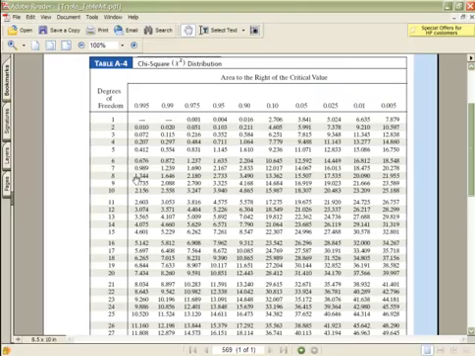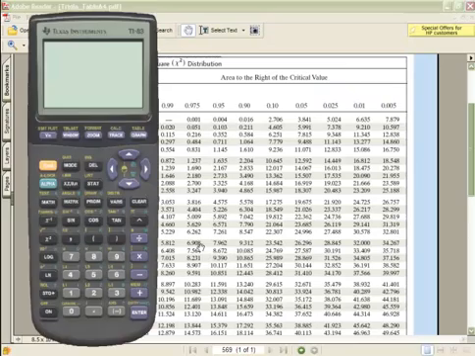So we go into our calculator and plug in some of those values.